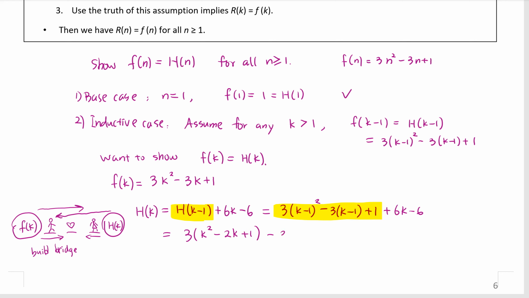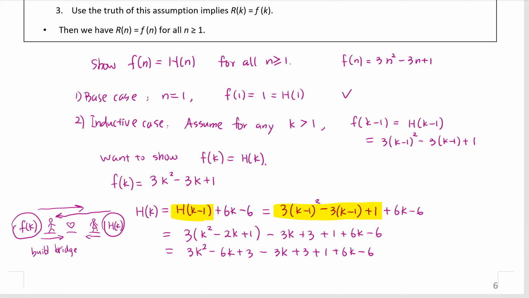And then next we distribute, so 3k, but minus becomes plus 3, and then plus 1 plus 6k minus 6. Okay, let's continue distributing. 3k squared minus 3 times 2, 6k. 3 times 1, 3, minus 3k plus 3 plus 1 plus 6k minus 6.